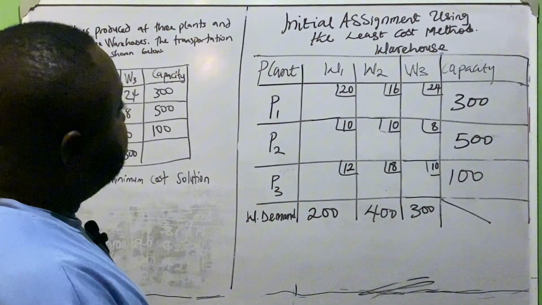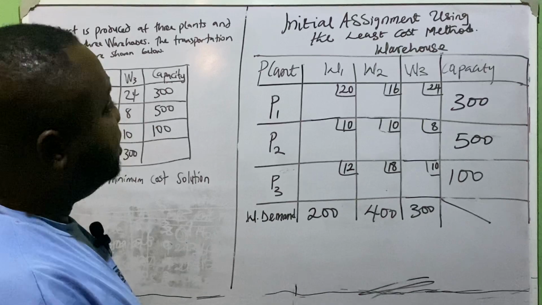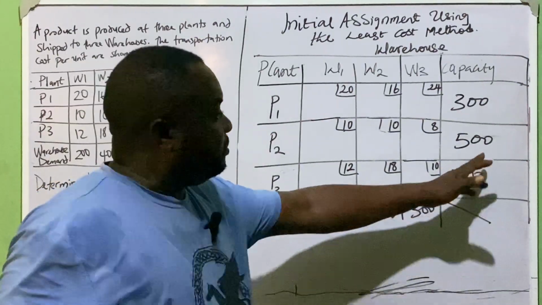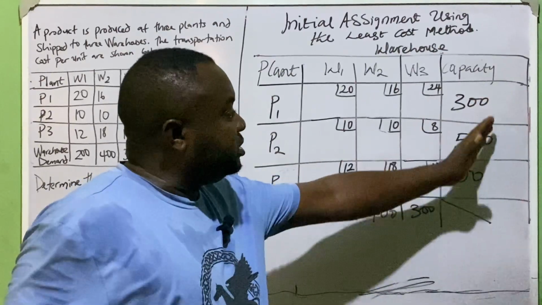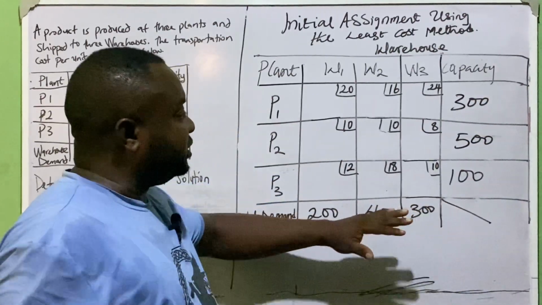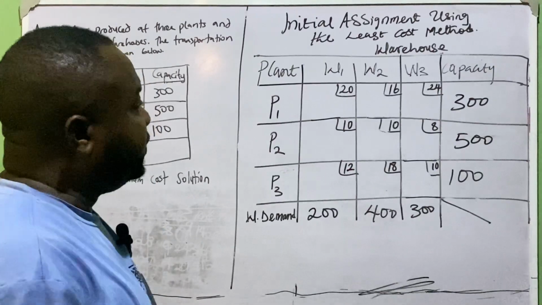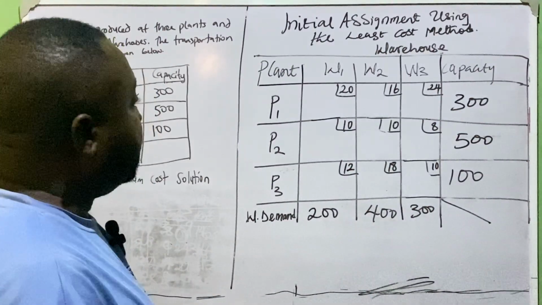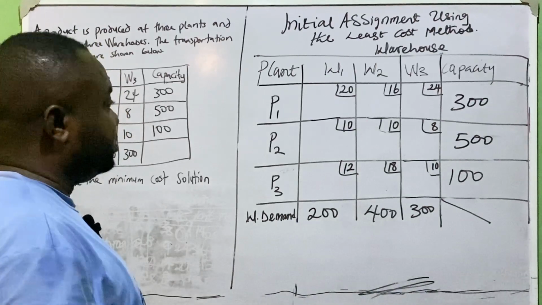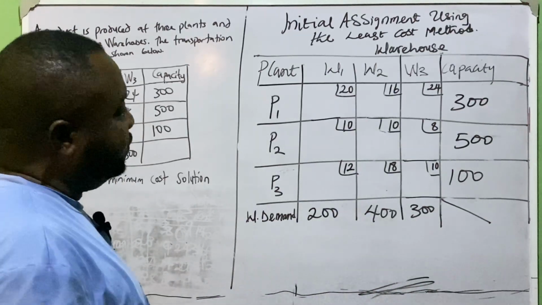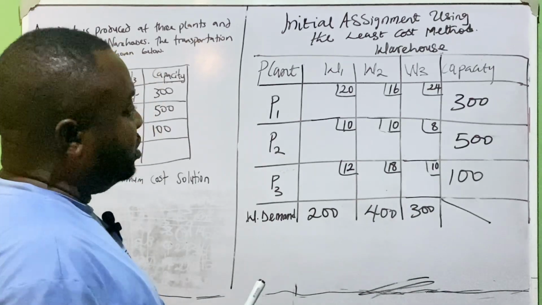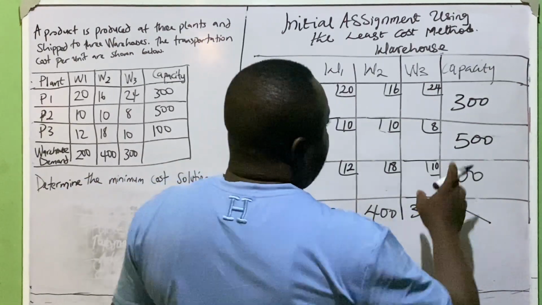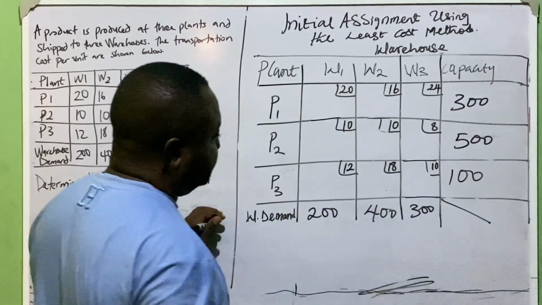So, using the least cost method, the first thing we're going to do is to check for the rim condition, which is to check whether the balance exists between the source capacity and the destination capacity. Because if the rim condition is not met, we will have issues in having an optimal transportation schedule. So the first thing to check is whether the rim condition is met.